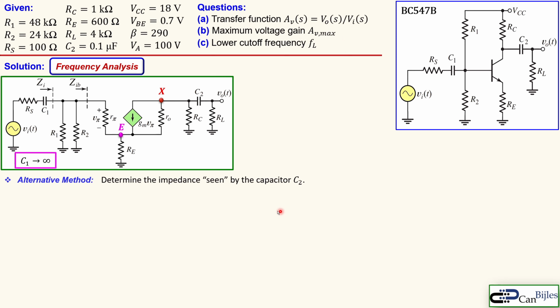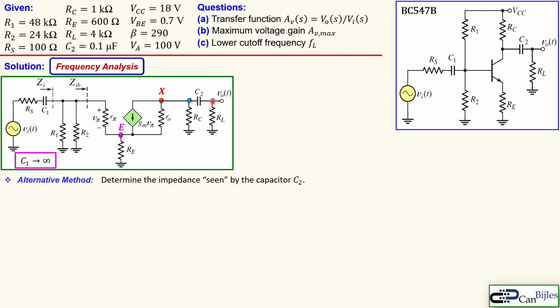Now the determination goes as so: you determine the impedance seen by the capacitor C2. What do I mean by that? We have the two leads here of the C2. Again, we assume that C1 has a value which is infinite farads, so this is a short for all frequency operations. And we want to know what is then the impedance seen between these two nodes.